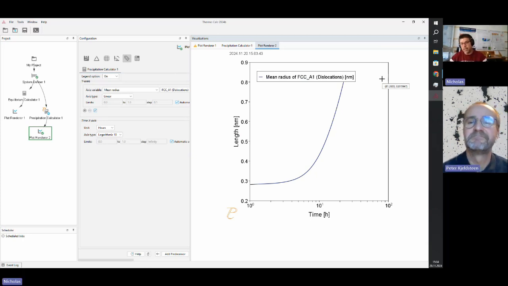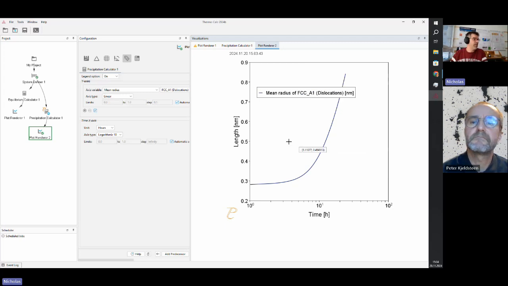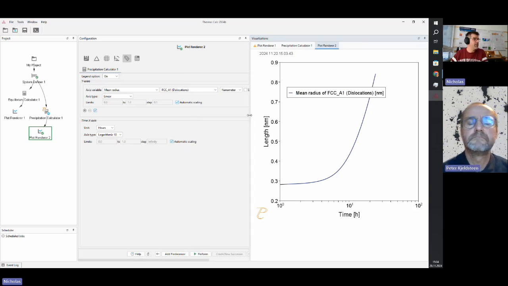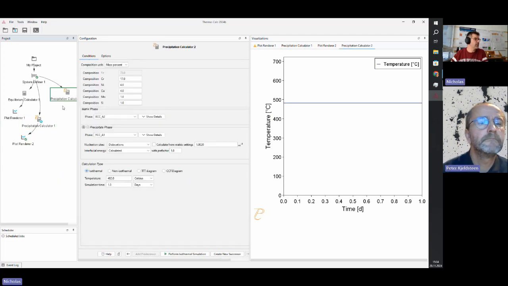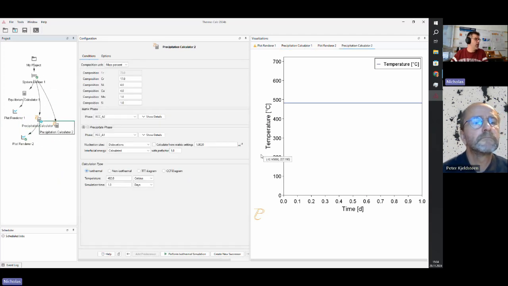And now, again, I haven't tried this, but theoretically, if I clone that, I could run the calculation at the higher temperature you mentioned, which was 650. Yeah. Just to see what happens.